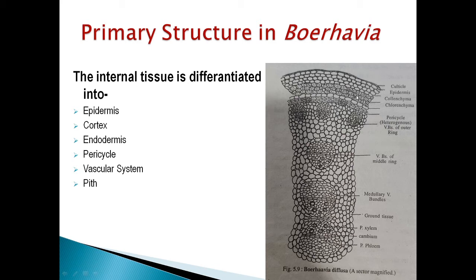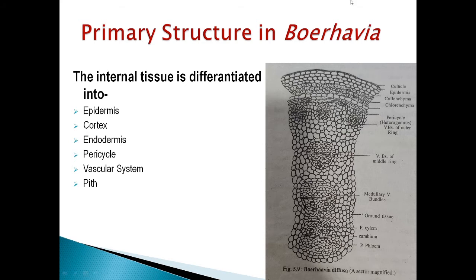The next cortical layer is the inner chlorenchymatous cortex, which is present next to the outer collenchymatous cortex.